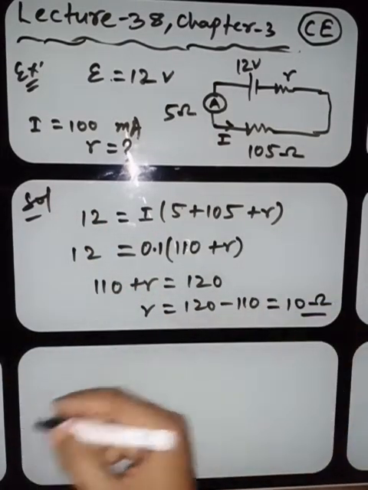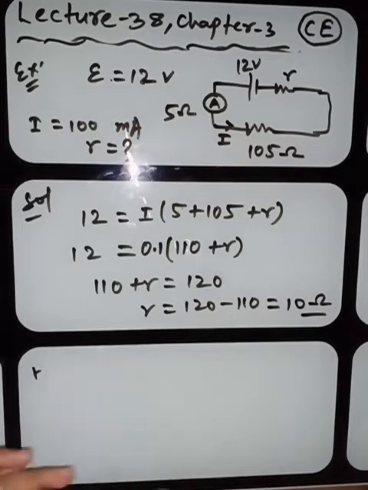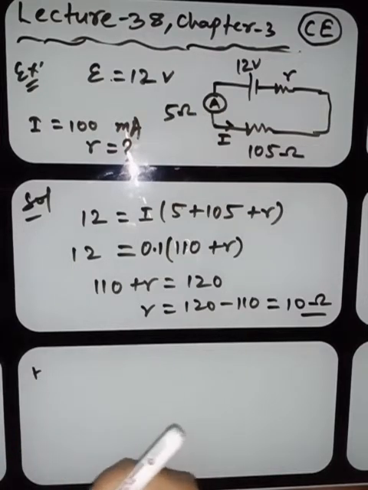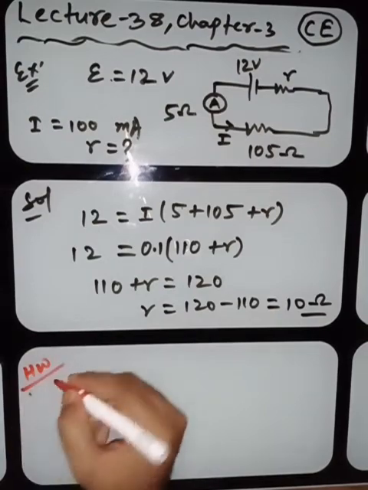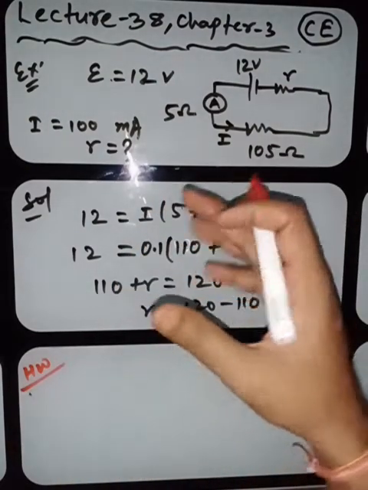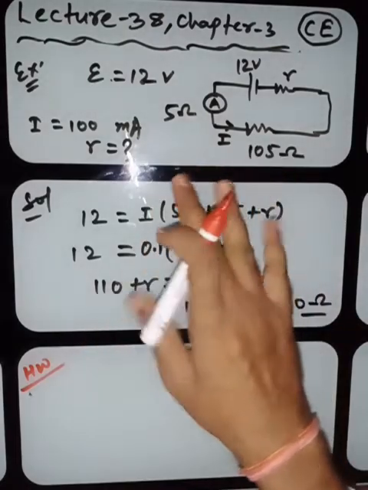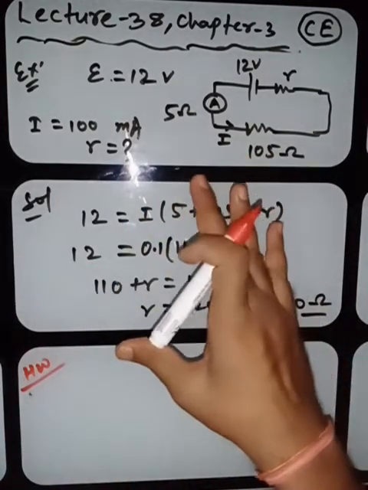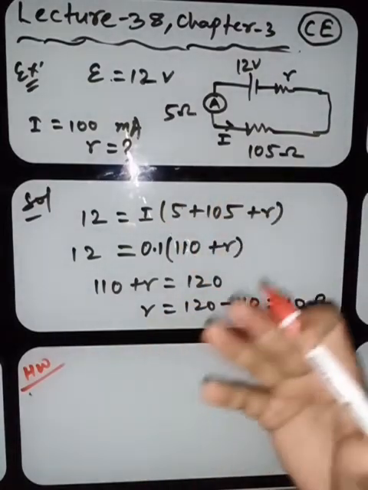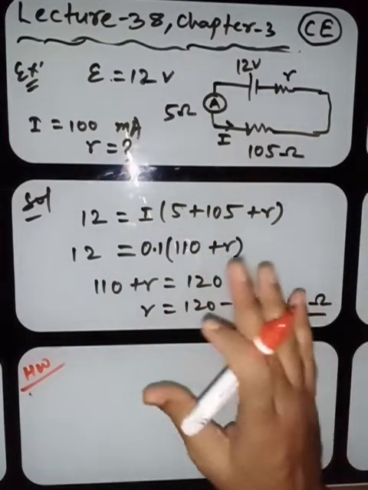Not a very tough question. Write one homework. There are 5 to 6 questions I have given in the assignment for this cell, for level 1 or level 0, you can say, to build up your confidence. Now write down a homework.